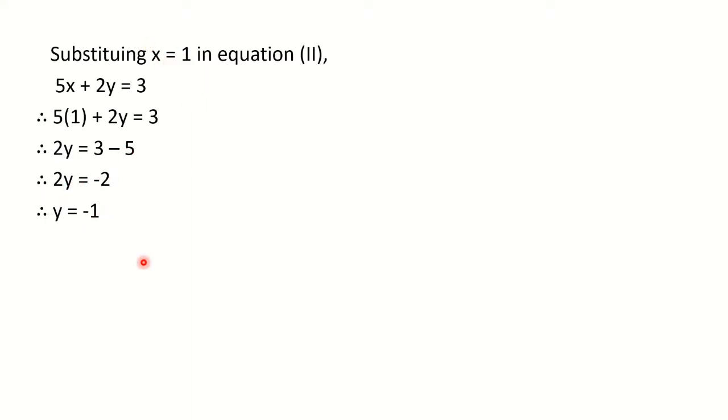And finally we need to write down the solution. Okay, so the solution is 1 comma minus 1. Value of x first and then value of y. Okay, so please complete it.